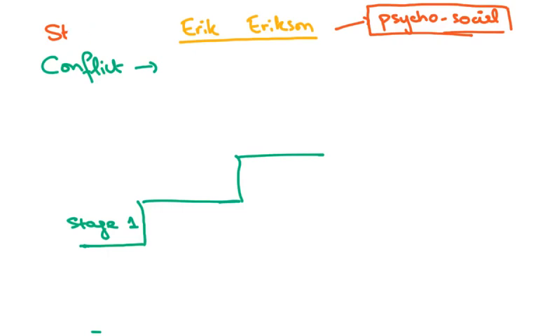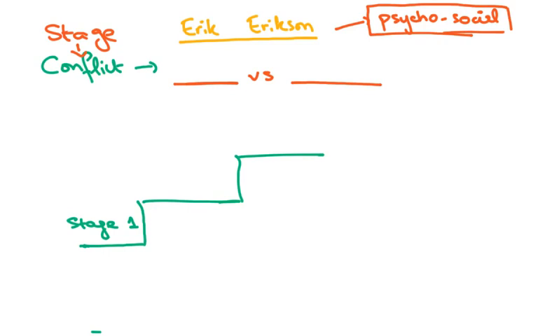With each stage comes some form of conflict, and that conflict can be resolved in either of two ways. Either it can be resolved in a more positive direction, which would be good for development, or in a more negative manner, which would be detrimental towards emotional development.